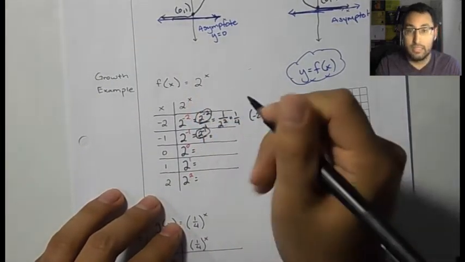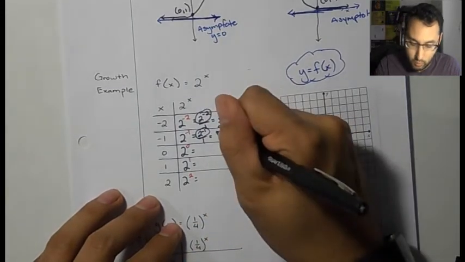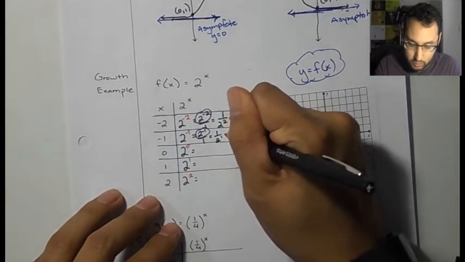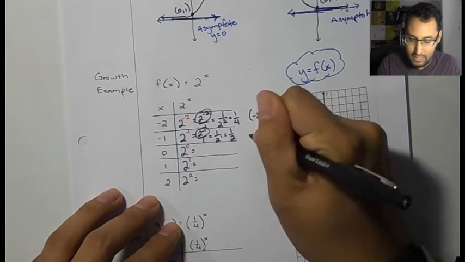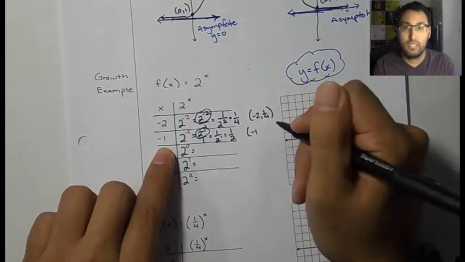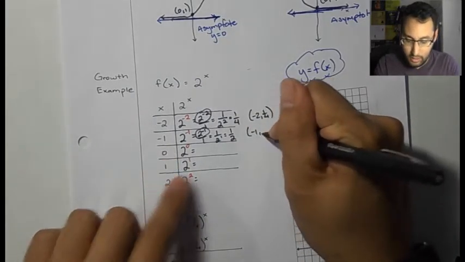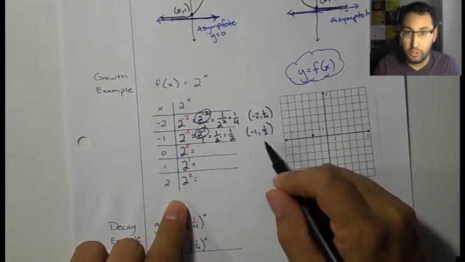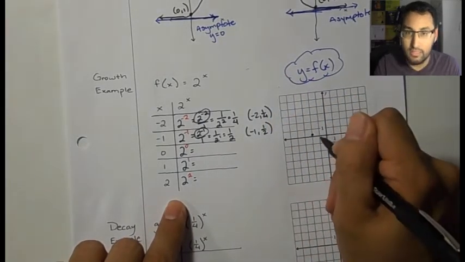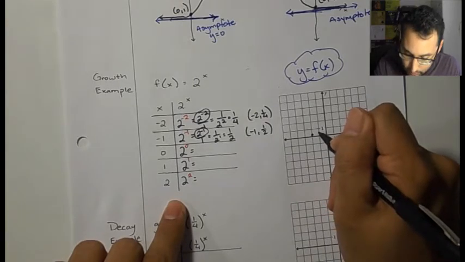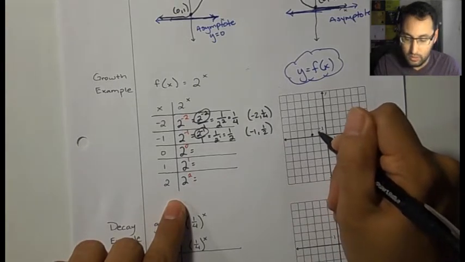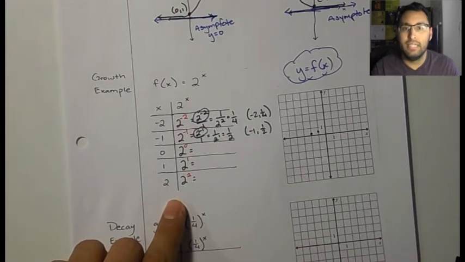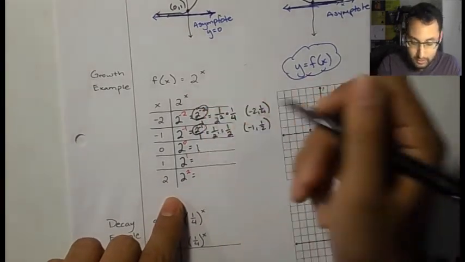But we have to make this, again, cross the line, change the sign. This will be 1 over 2 to the first, which is just 1/2. That ordered pair is -1 from our x-axis, and our output is 1/2. How we graph this is we go -1 to the left on the x-axis, 1/2 up, so in between 0 and 1 right there.